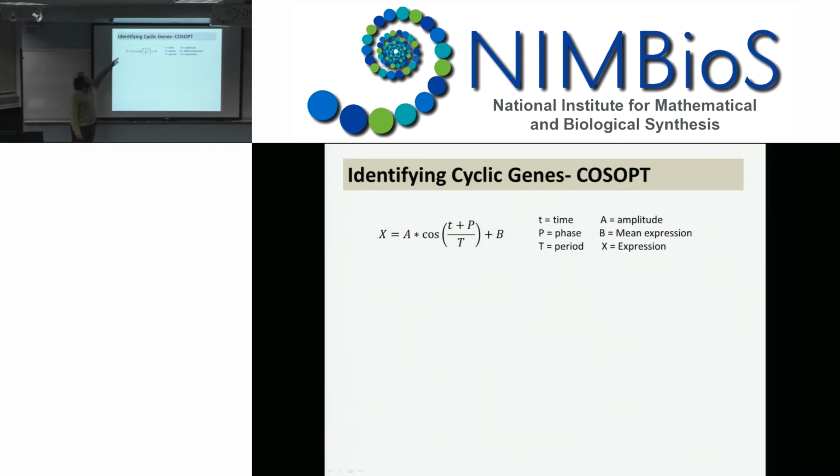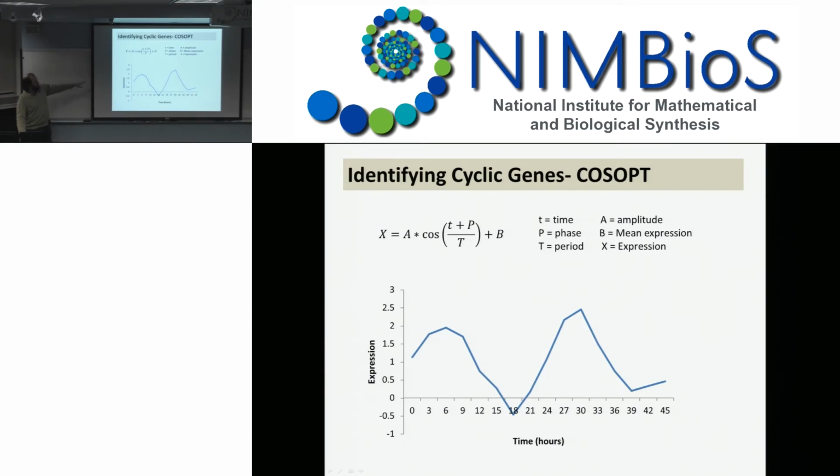We're defining our expression x as a cosine wave with a particular phase and period and amplitude plus some mean expression value. And you can think of this graphically as we have some sort of expression vector we're observing, and we're just trying to find the best fit cosine wave for it. The way the program does it is you give it a range of periods and phases you think are relevant.